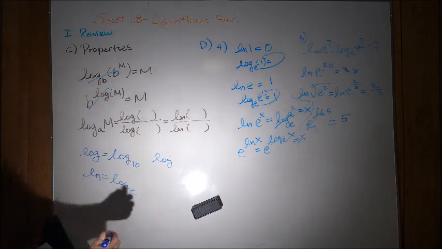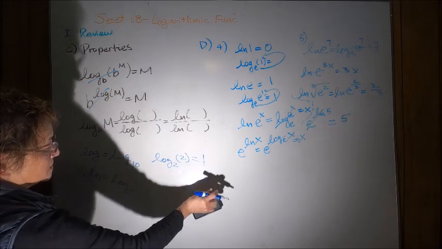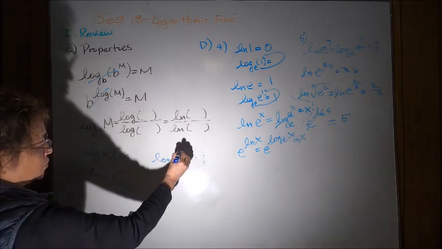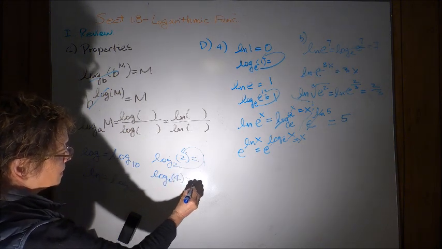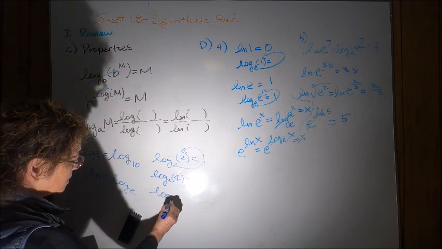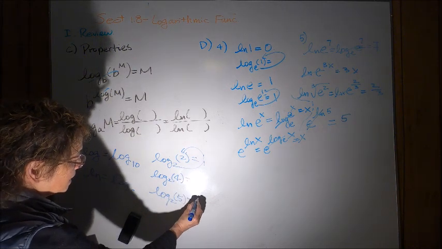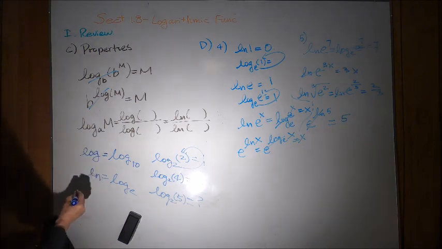So if you have log base 2 of 2 to the 2, then you can think about it. It's 2, right? Log base 2 of 2 to the 4 is what? 4, right? What happens if it's log base 2 of 5? What kind of value is that? How are you going to find it? We are going to use the change of base formula.